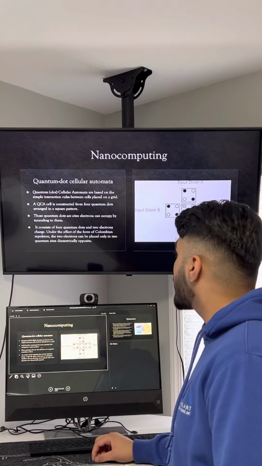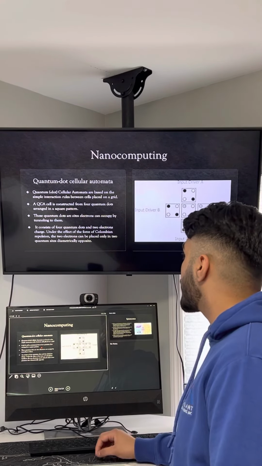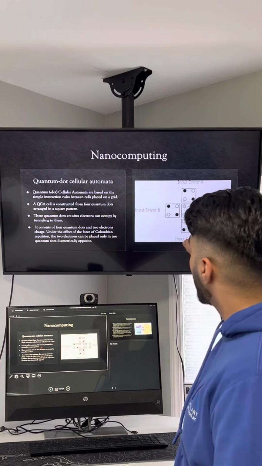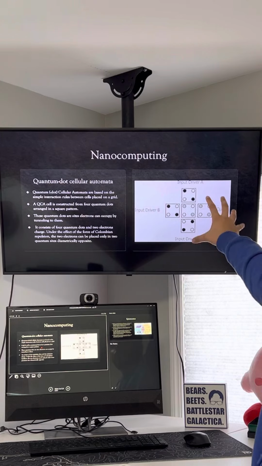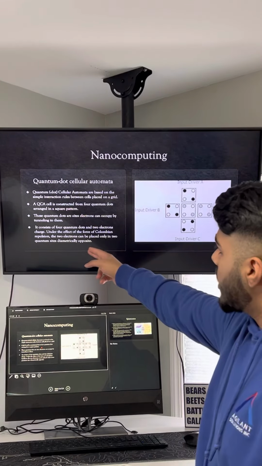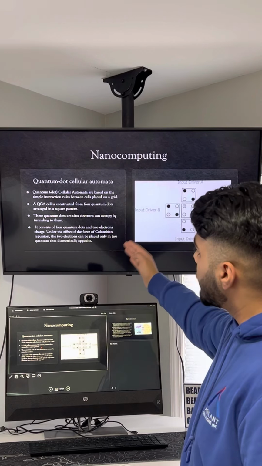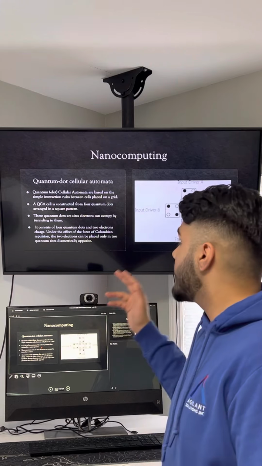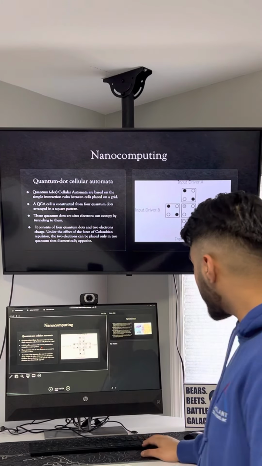These quantum dots are sites electrons can occupy by tunneling to them. It consists of 4 quantum dots, you see 1, 2, 3, 4, and also the 4 squares as well, and 2 electrons. Under the effect of the force of Coulomb repulsion, these two electrons can be placed only in two quantum sites diametrically opposite.